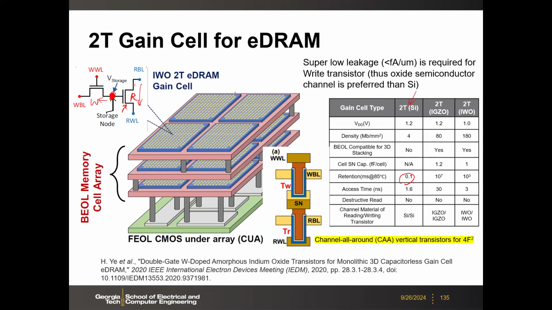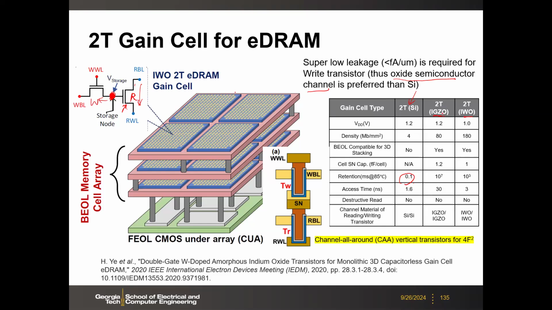But recently, there are breakthroughs in the technology to make ultra low leakage transistors with non-silicon channels. So typically people would prefer to use oxide semiconductor channels. Okay, so there are oxide semiconductors like IGZO, indium gallium zinc oxide, or indium tungsten oxide. Those are wide band gap materials, and the leakage current is much lower than silicon by orders of magnitude.